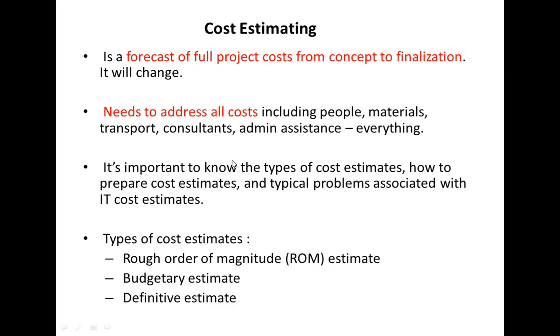This needs to address all the costs. The overall full project cost should include all the costs, including people related costs, material related costs, transport related costs, and the consultants and the admin assistants and everything.